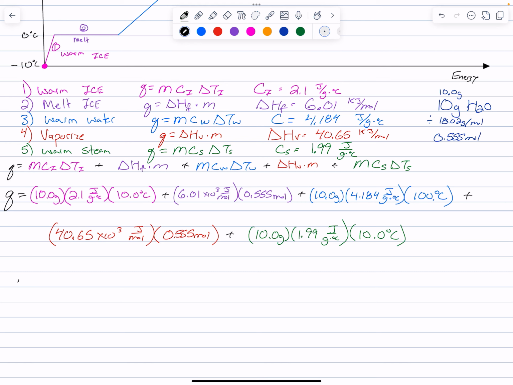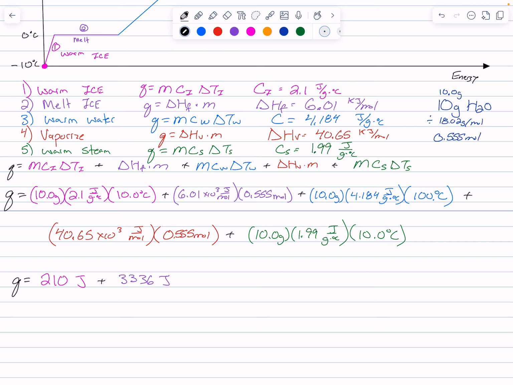All right, so we're going to do this up front. To warm the ice, it looks like that's 210 joules. To melt the ice, all right, I would have 6.01 times 10 to the third times 0.555. I got 3,336 joules.